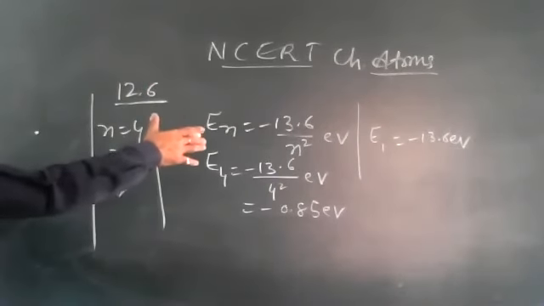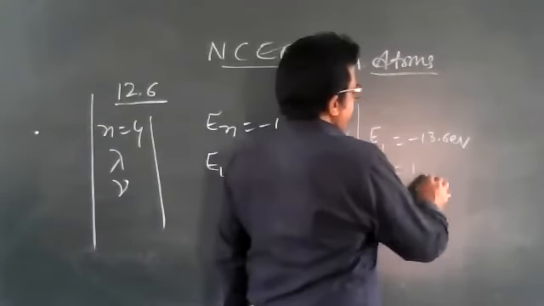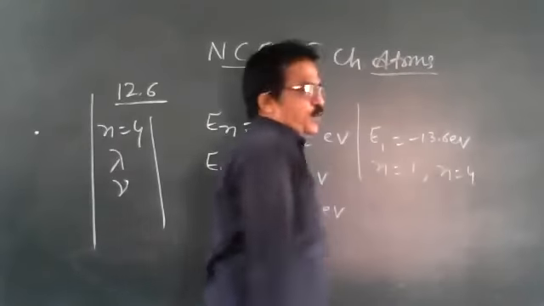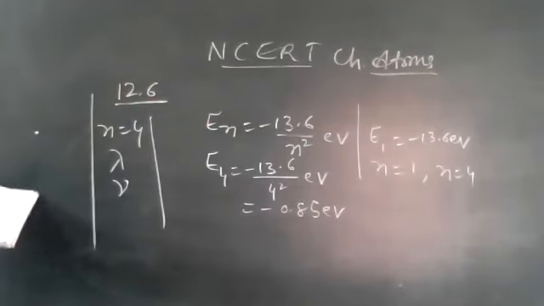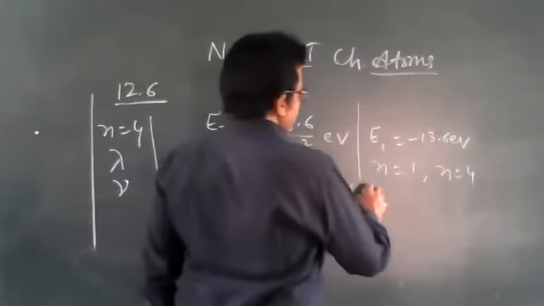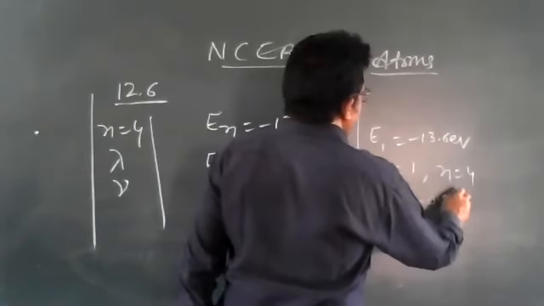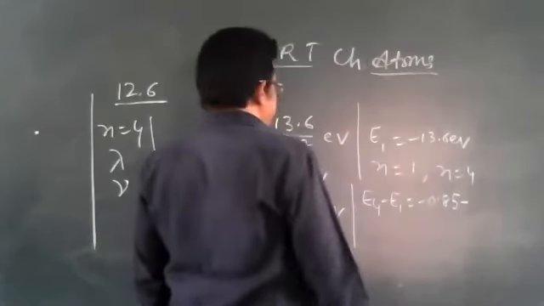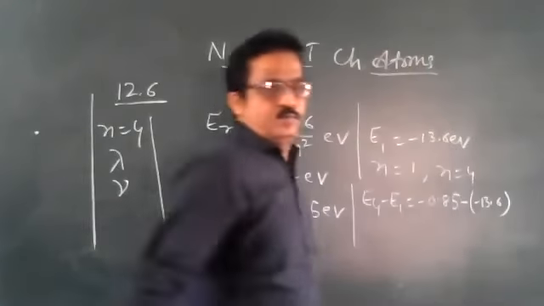So the energy difference between n is equal to 1 to n is equal to 4, calculate the energy difference. That is E4 minus E1, that is minus 0.85 minus of minus 13.6.